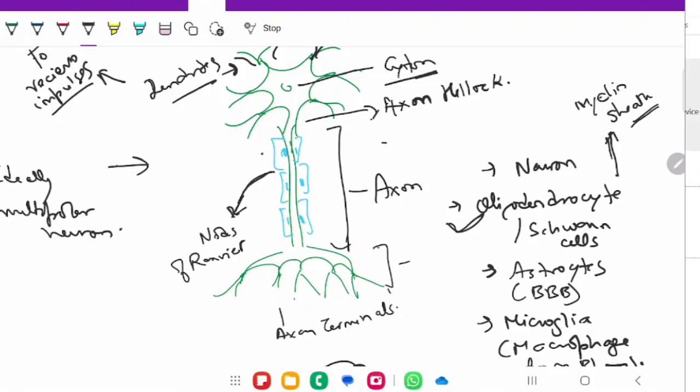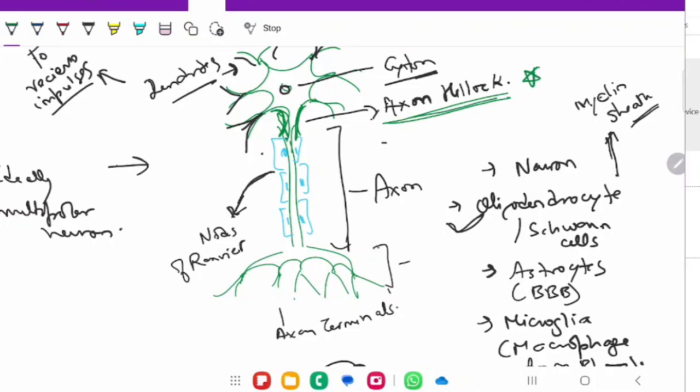The star-like structure is the cell body with the nucleus in the center. What are these branches? These are known as dendrites. The dendrites' job is to receive electrical impulses. Now over here we can appreciate a stem-like structure. This is known as the axon hillock.